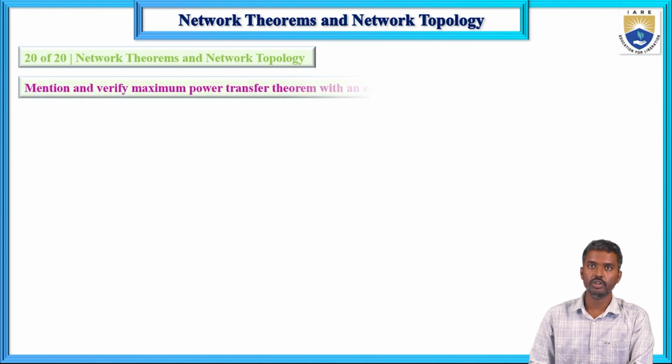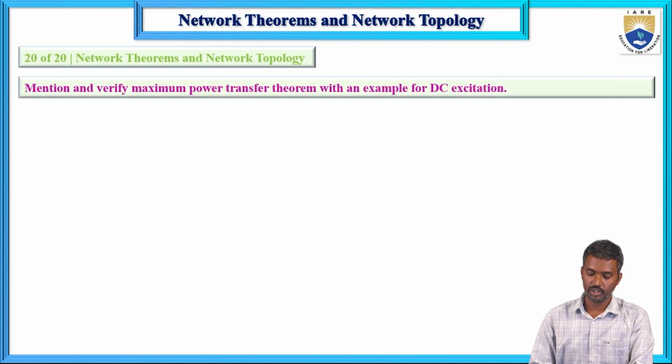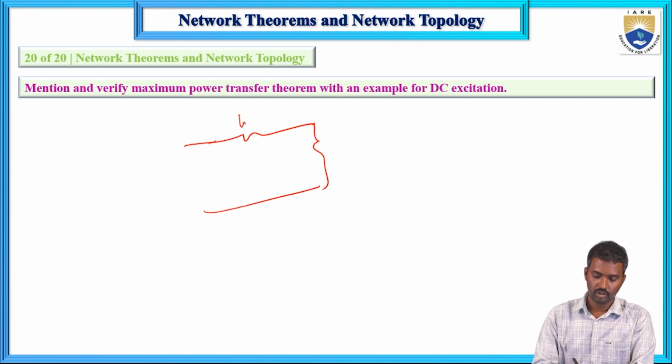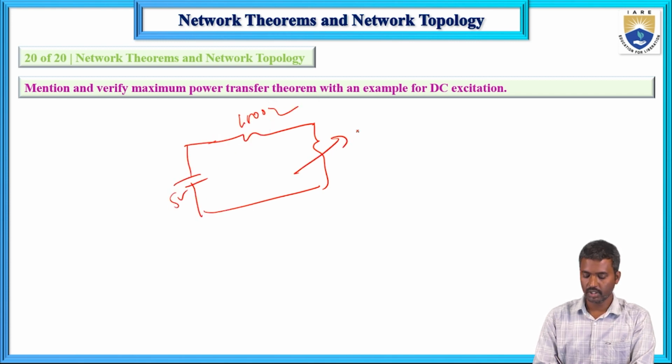And next, 19th question, mention and verify maximum power transfer theorem. Take this circuit: 1000 ohms and 5 volts, and this one is variable. These are our laboratory values: 47, 82, 100, 150, 220 and 470, and next 1000 and 2000.